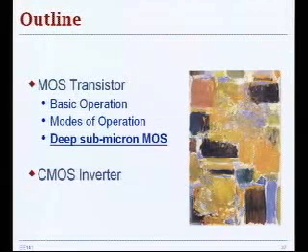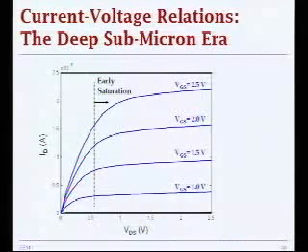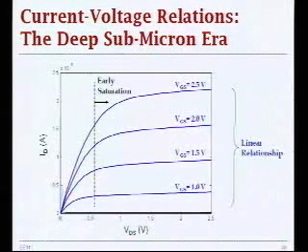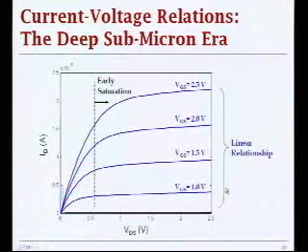It's no longer valid, okay? So what we are going to do is really analyze this deep submicron transistor that behaves quite differently from the well-known good old quadratic MOS transistor. There are a couple of differences, but most importantly, you have this linear relationship between the current and gate to source voltage.